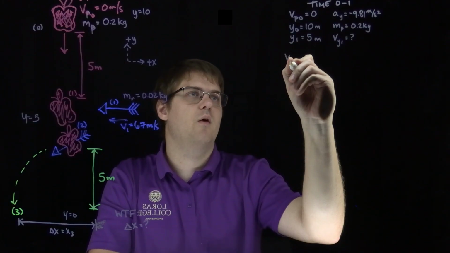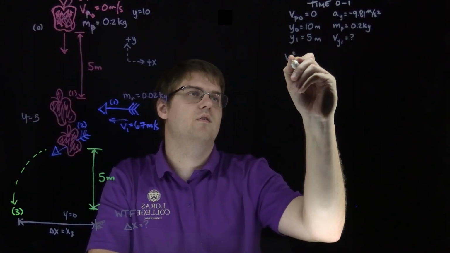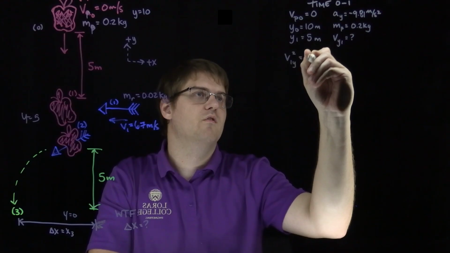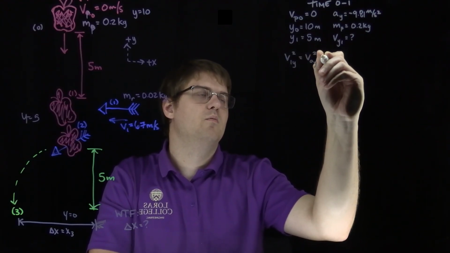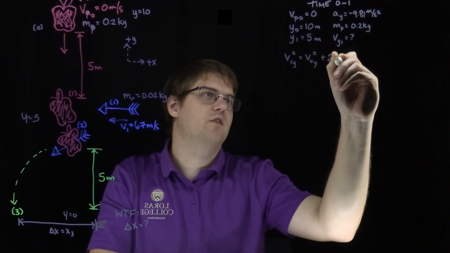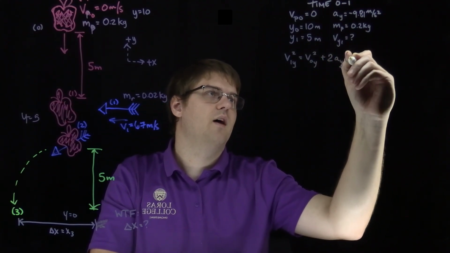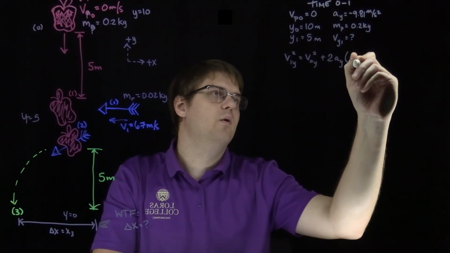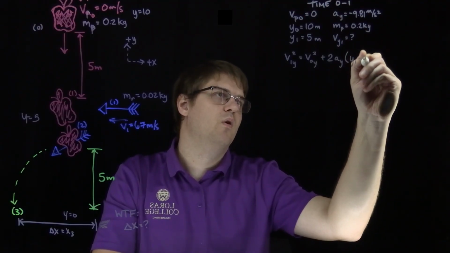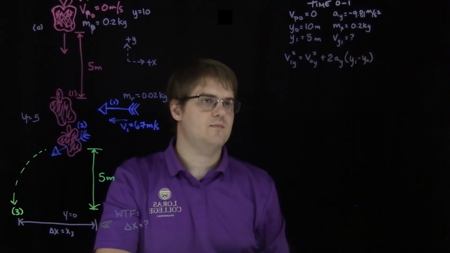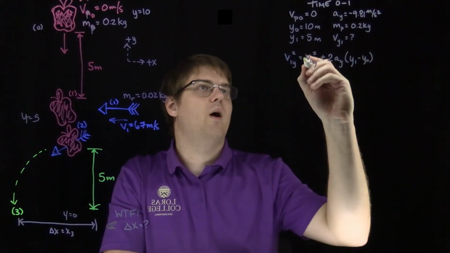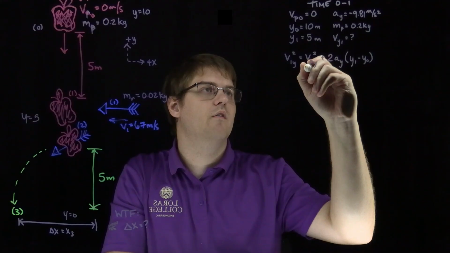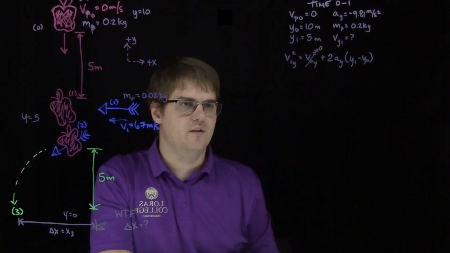Velocity at 1 squared, this is in the y, is going to be velocity 0 squared, again in the y, plus 2 times my acceleration in the y, times y1 minus y0.